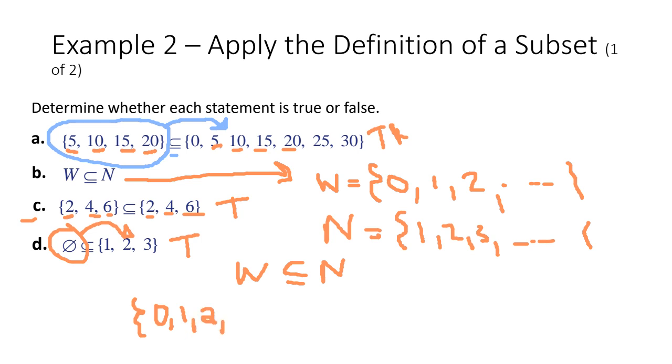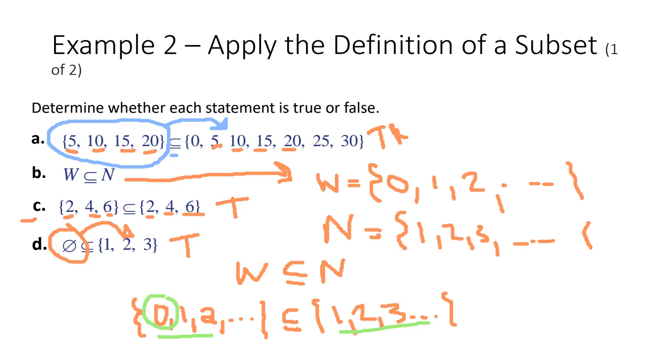Is that a subset of 1, 2, 3, and so on? Okay, so we ask our question, is everything in here inside of here? Well, let's check. So 0 is missing from this second set, okay?